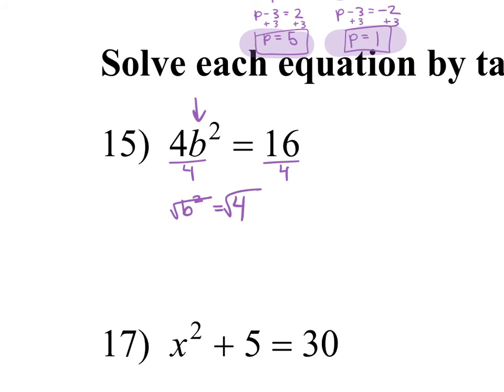So we take the square root of both sides, so b is equal to plus or minus 2. So just like before, whenever we take the square root of both sides, you have to include that plus or minus.